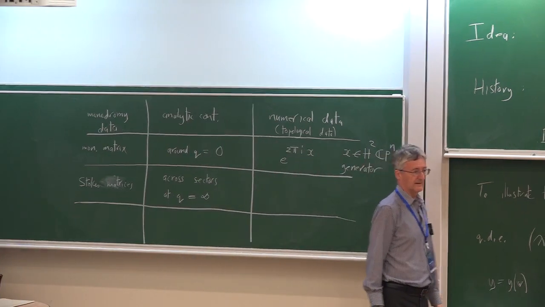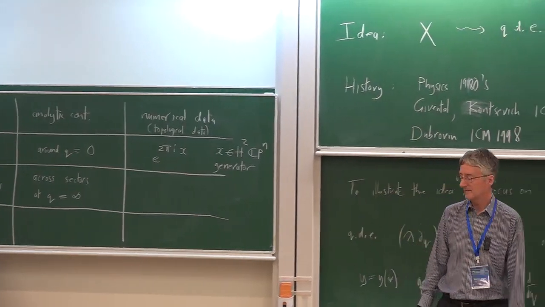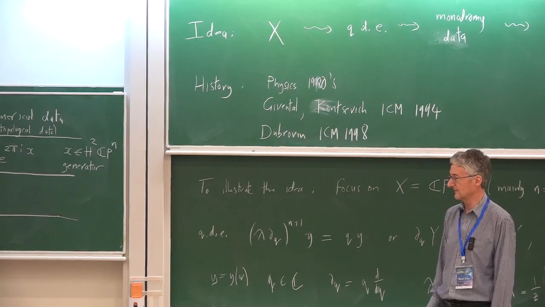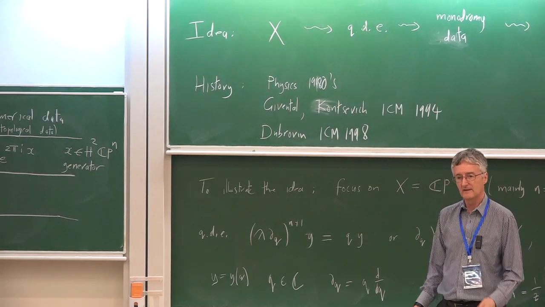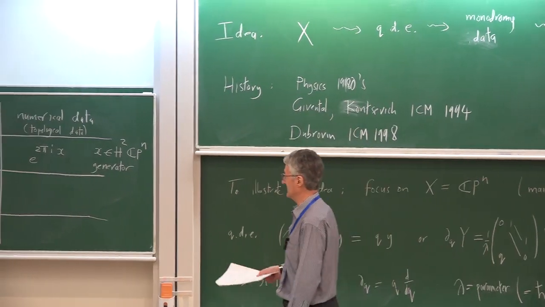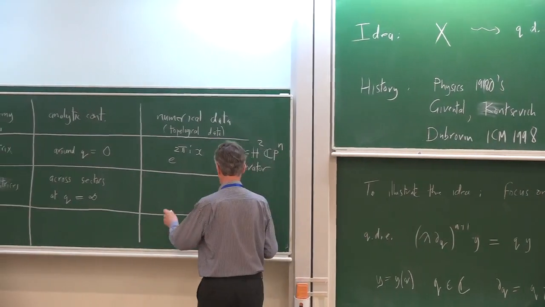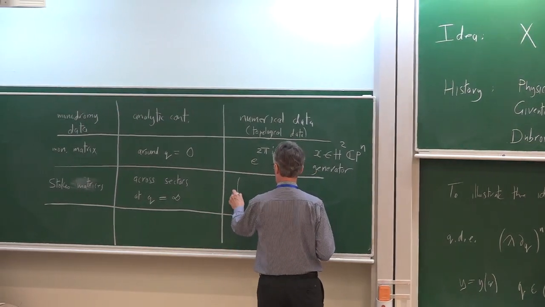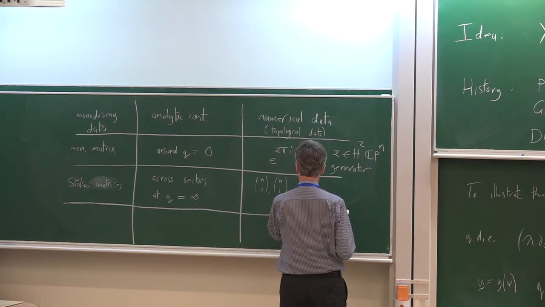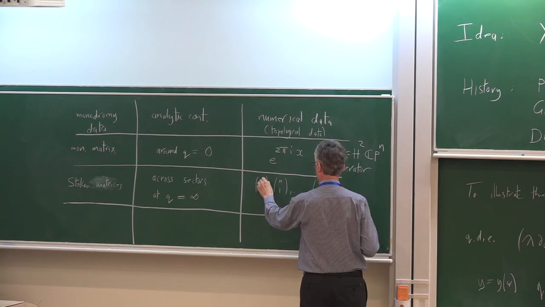The Stokes phenomenon is that the behavior of the solution at infinity is different in different directions, on different sectors or different rays. And the numerical data which comes out of this is kind of interesting: it's the binomial coefficients, n plus 1.